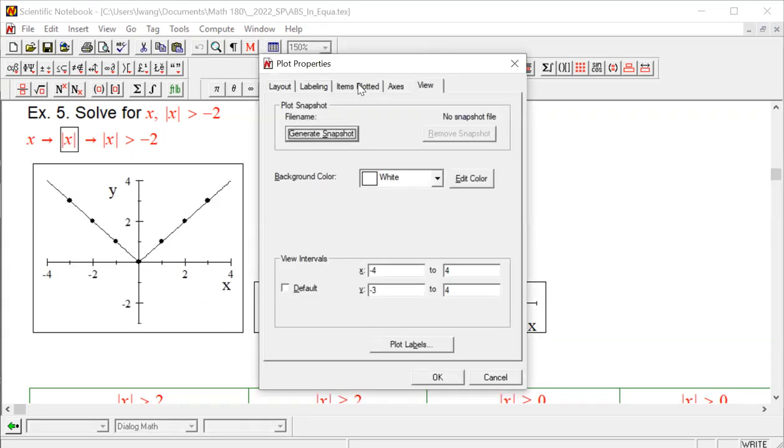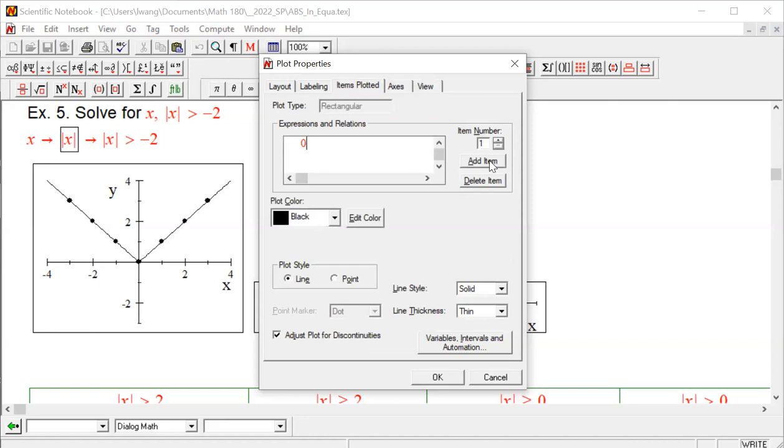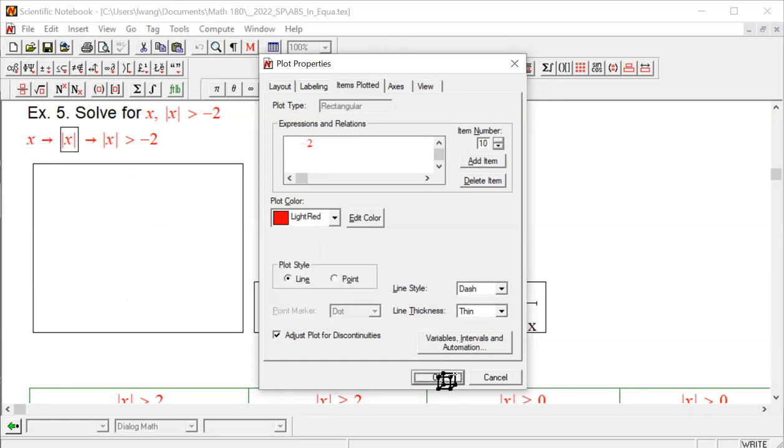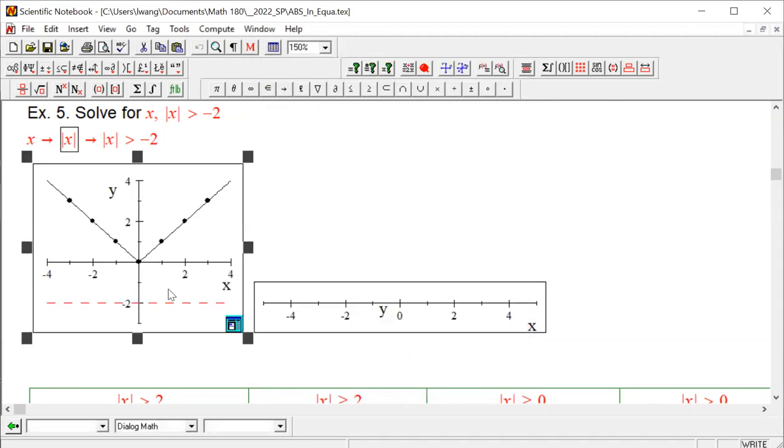You may say, oh, I'm going to draw a horizontal line. Sure, draw a horizontal line. You can even draw a broken line, which is red. It doesn't touch. Doesn't touch doesn't mean there's no solution, because you have to look at the statement.